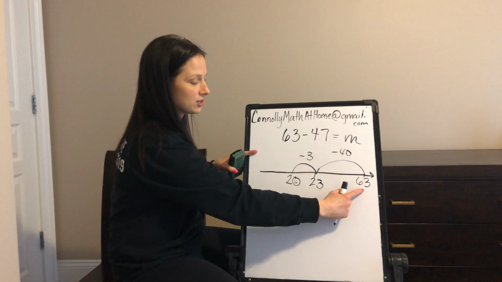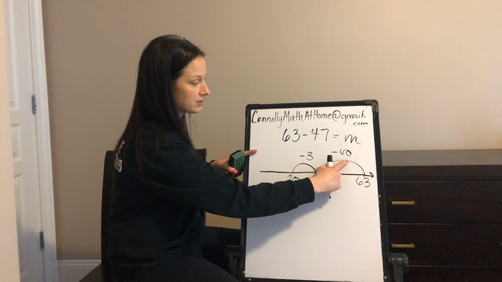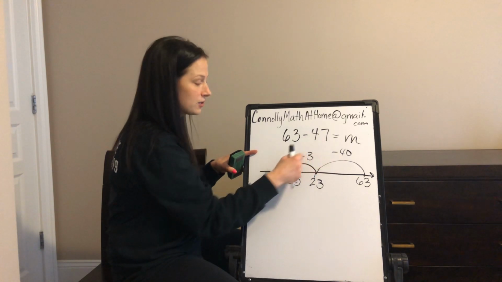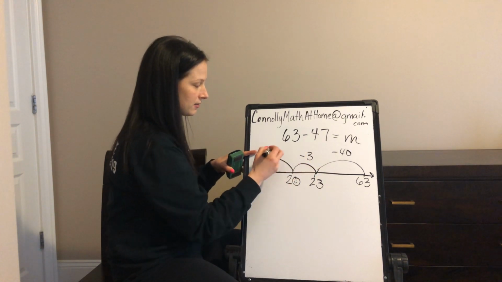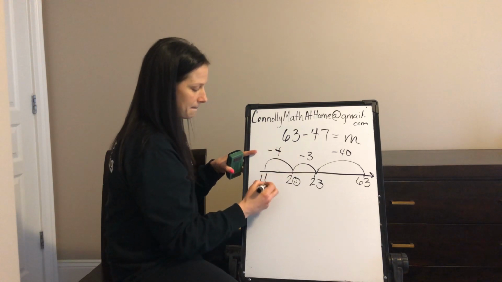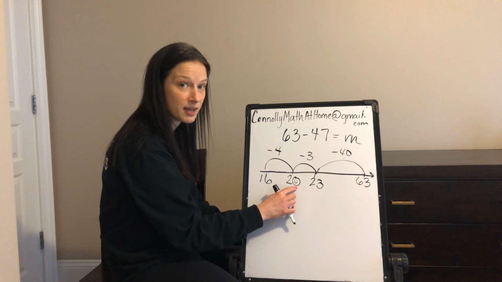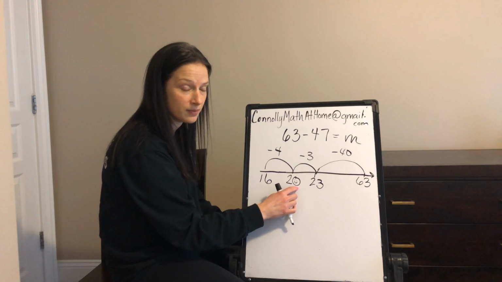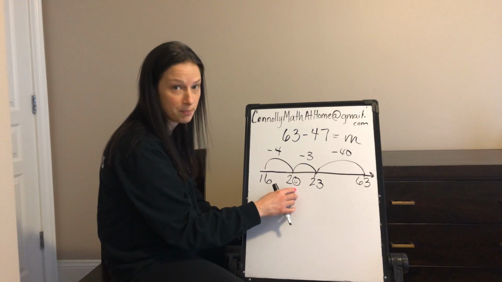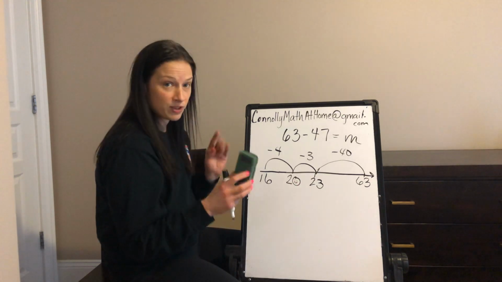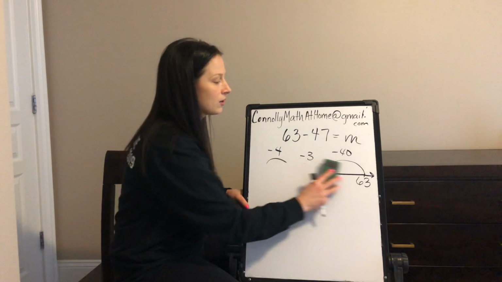So far they started at 63, subtracted 43, and they know they have to subtract a total of 47, so they're going to subtract 4 more. And those might be the steps that they take because working with this number, with this smiley face, is easier for them. Okay, so that's one strategy they might do in this situation, and I'm going to go over that with fractions in just a second.